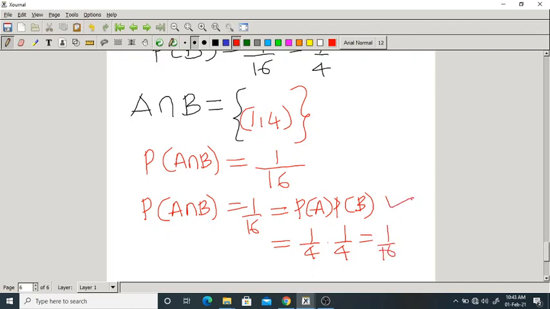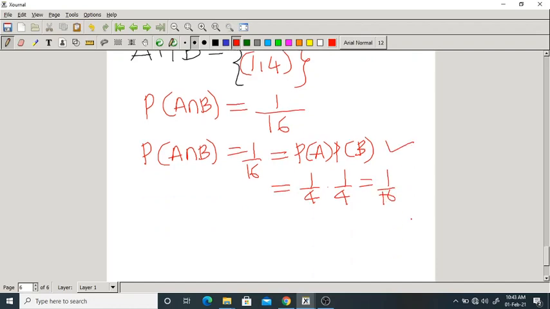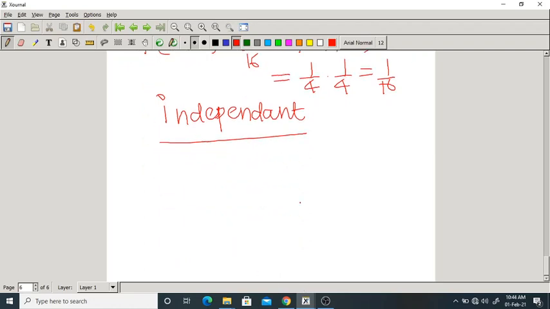Now the property is satisfied. Now we say that they are independent, because the probability of A intersection B is same as the probability of A into probability of B. Okay. Now, that is part A.